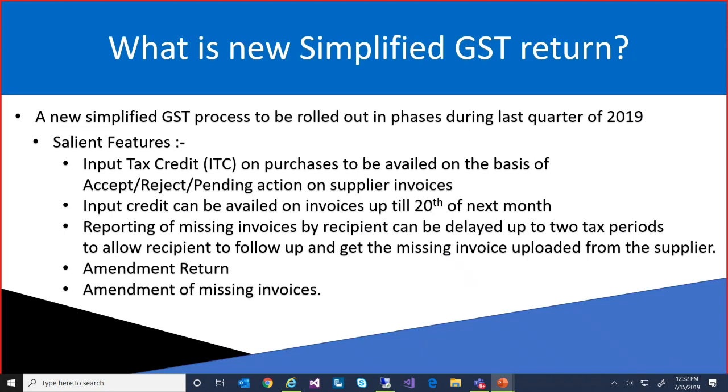Now, reporting of missing invoices has also been introduced by the government. Earlier, if you had certain missing invoices, you would report them. Suppose April invoices, you could report them in September, but those invoices would not relate back to April. They would be displayed and action needed to be taken in the month in which they were reported.